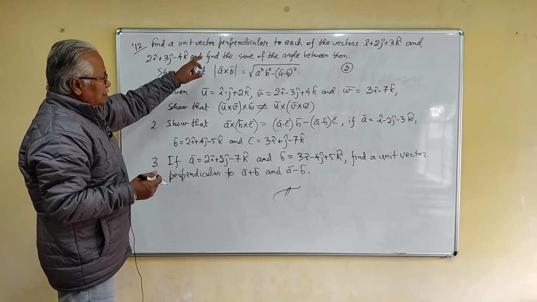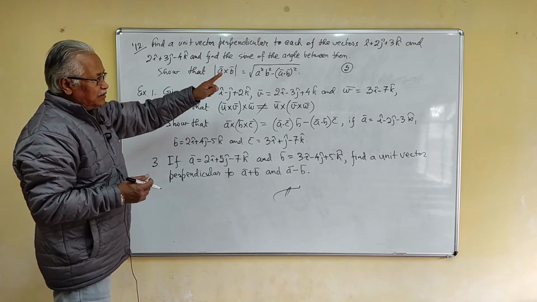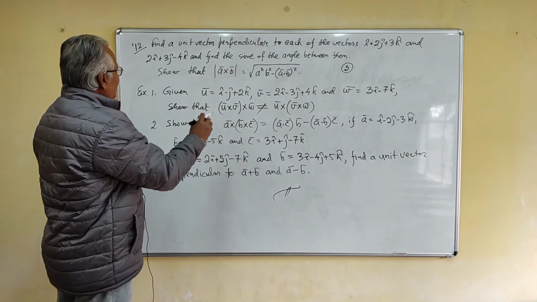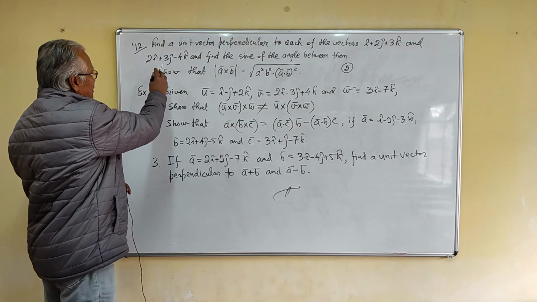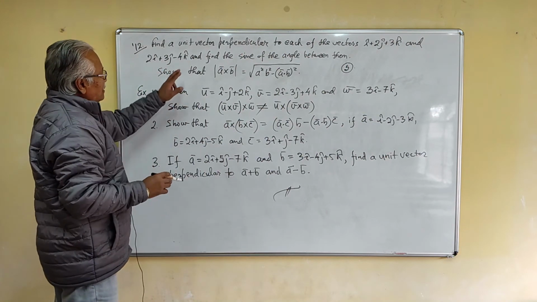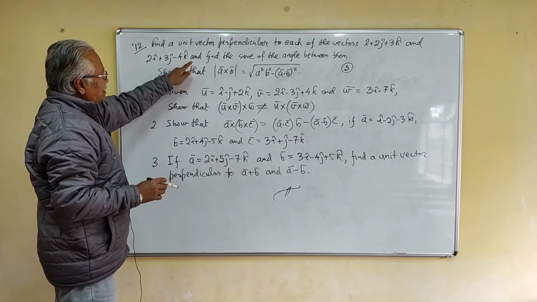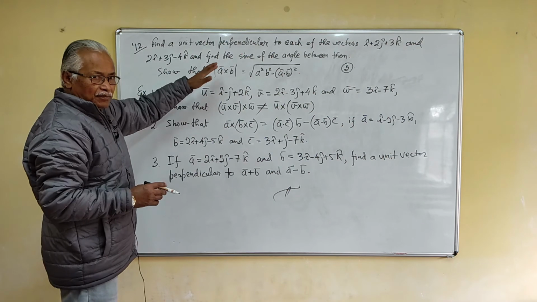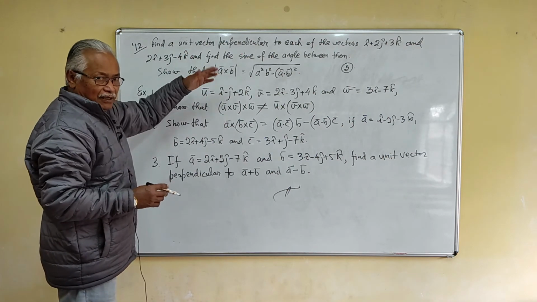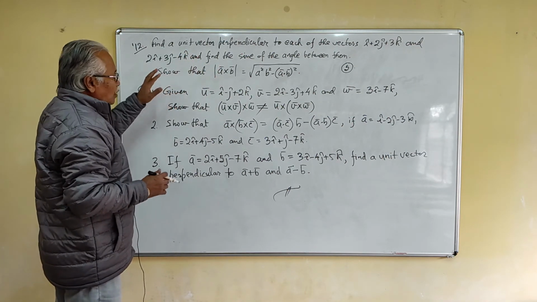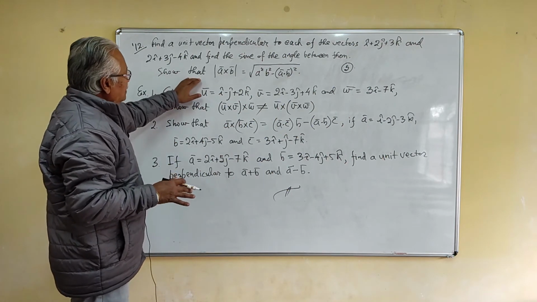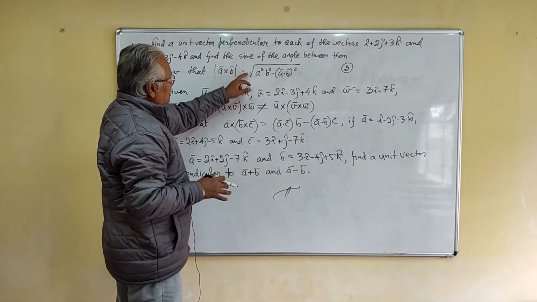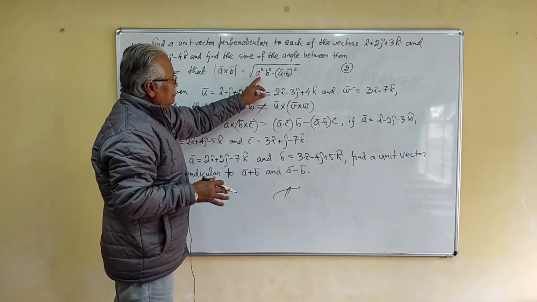Find a unit vector perpendicular to each of the vectors i plus 2j plus 3k and 2i plus 3j minus 4k. You got to find out the unit vector and find the sine of the angle between them. So I've done a problem like this earlier, if you remember, and on top of that you got to show that modulus of A cross B is equal to square root of A square B square.